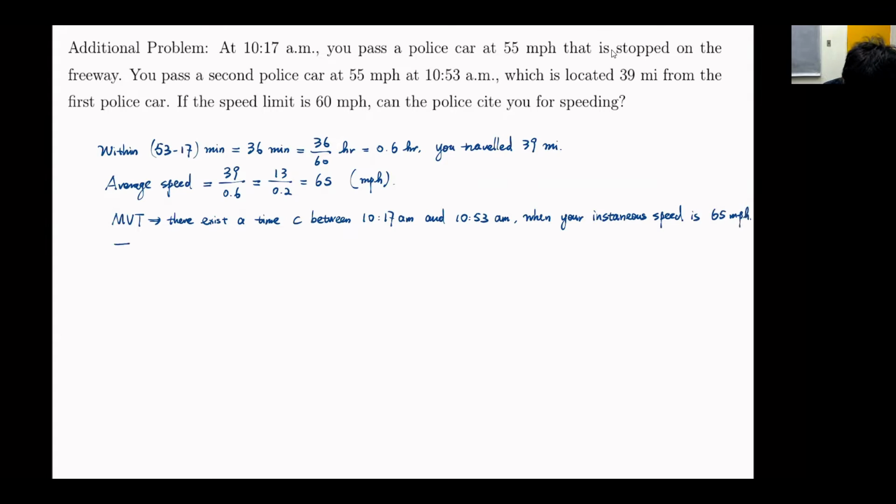So the police can cite you for speeding. That will be the conclusion.